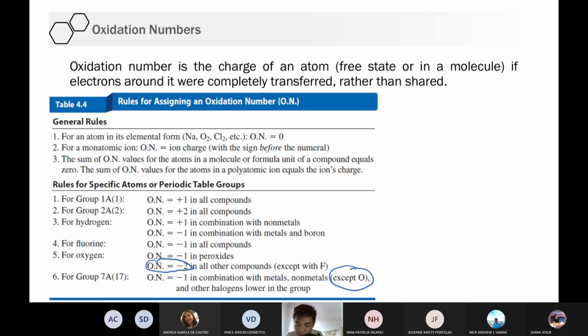Since we have an exception, we'll solve for Cl. The table says oxygen in any other compound is -2, but for group 7, which includes Cl, it says except O. That means Cl is the missing one.